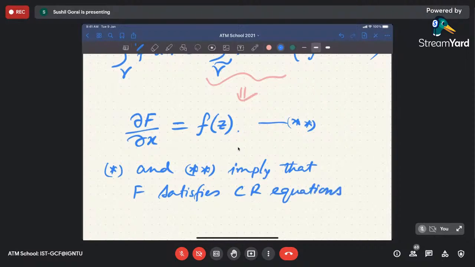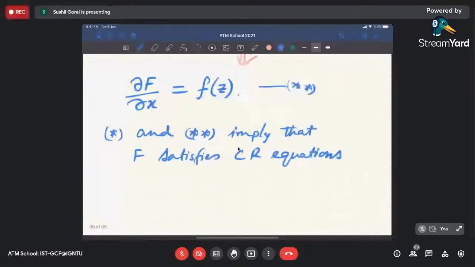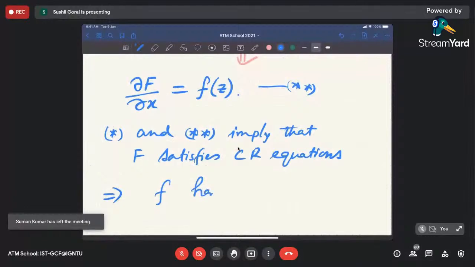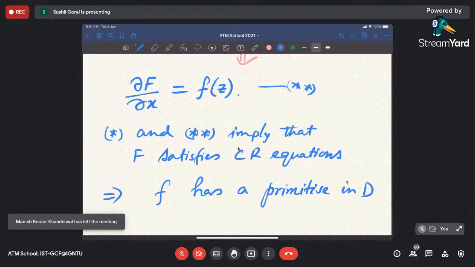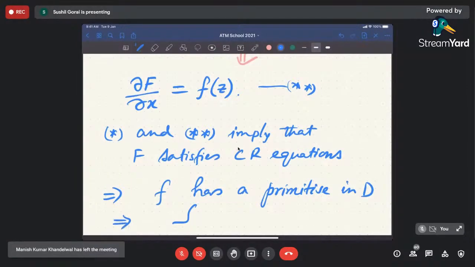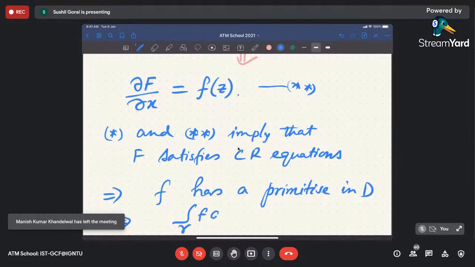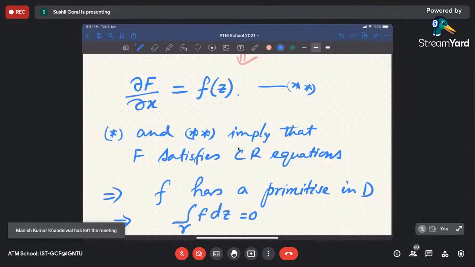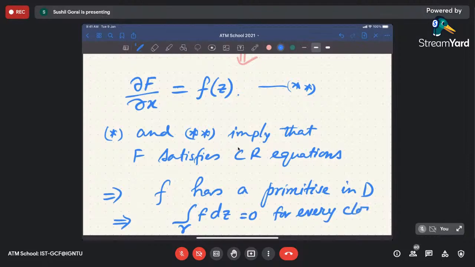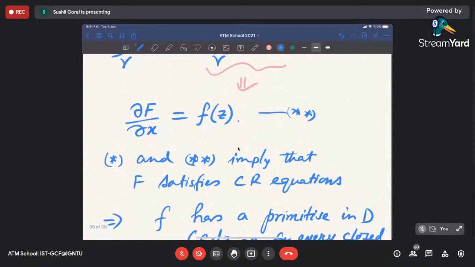That is what I showed you. And this implies F has a primitive in D. And then this would imply the integral over gamma of f dz is 0 for every closed curve in D. Is this fine?